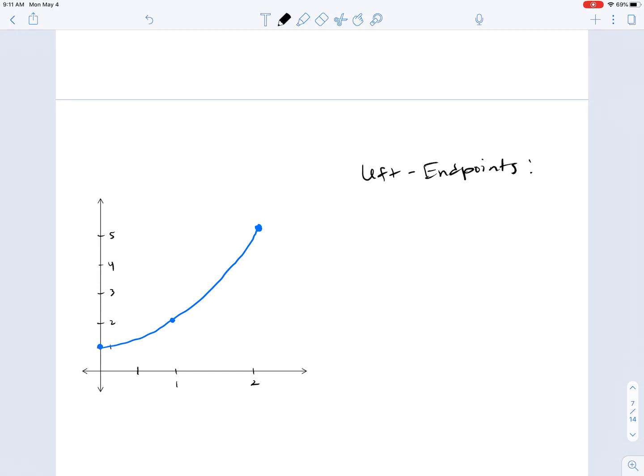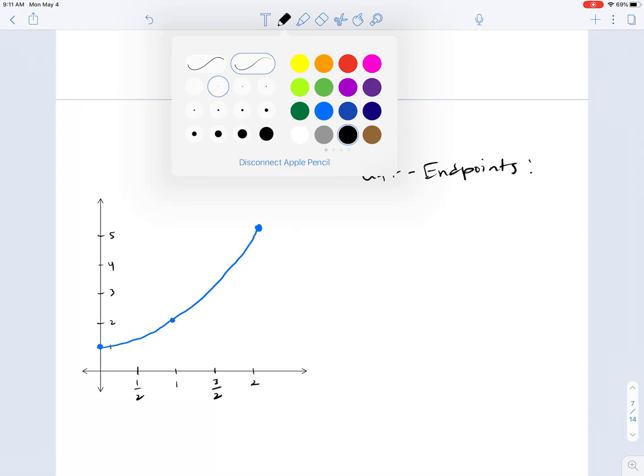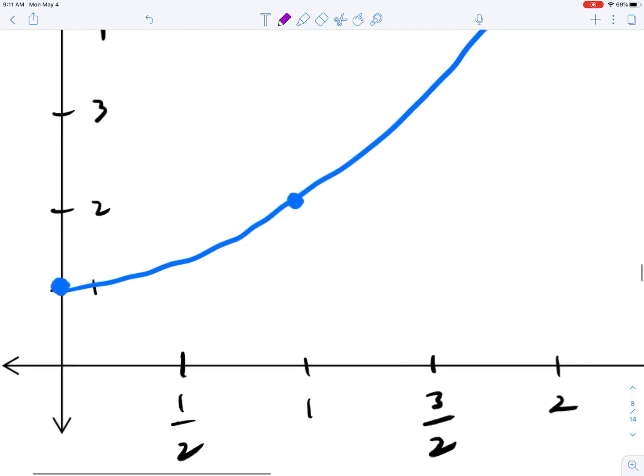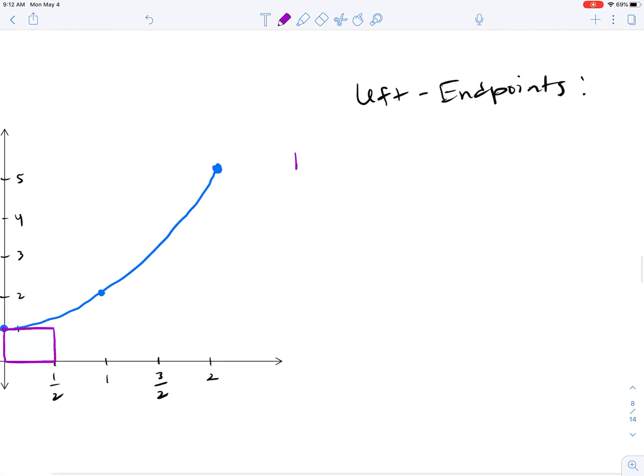Okay, now let's actually try the left endpoints of the subintervals. I apologize, you guys. Okay, so to find the height of the first rectangle, I'm going to use 0.